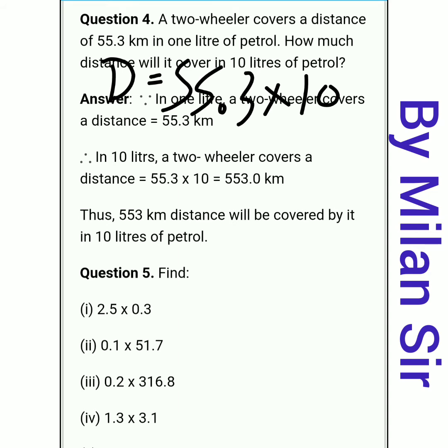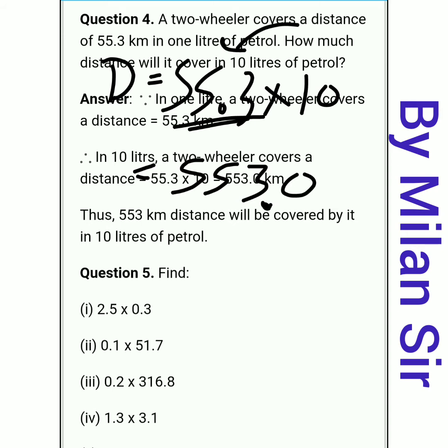Now 55.3 multiply 10. First of all, ignore the decimal point. So 553 multiply 10 is 5530. Here we have the decimal point before one digit, so in the answer we need to put the decimal point before one digit.